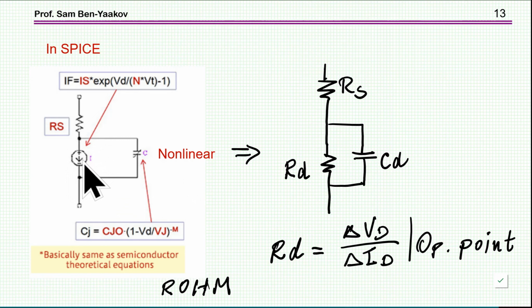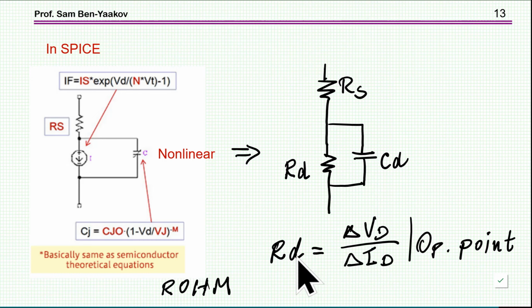to get the resistance. Now, obviously, SPICE, being a program, cannot do it analytically. The calculation will be done in a numerical way. That is, it will take VD and then add to it some delta V. It'll get the I plus delta I, and then it'll divide the delta V by delta I to get the RD.